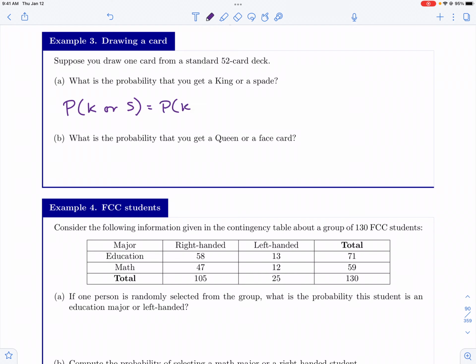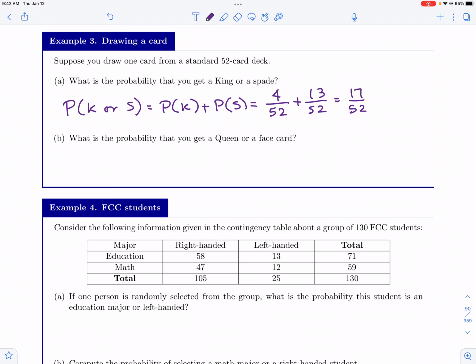So we get the probability of the king plus the probability of spades. We know there's 4 kings, so our probability of a king is 4 out of 52. Our probability of spades is 13 out of 52. And when I add them up, I get 17 out of 52.